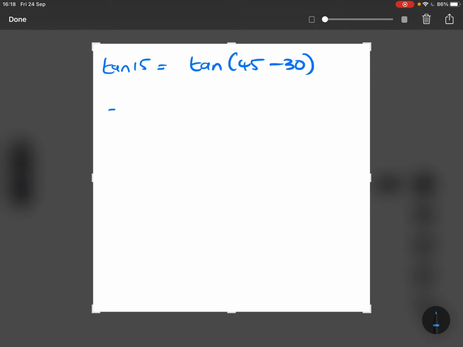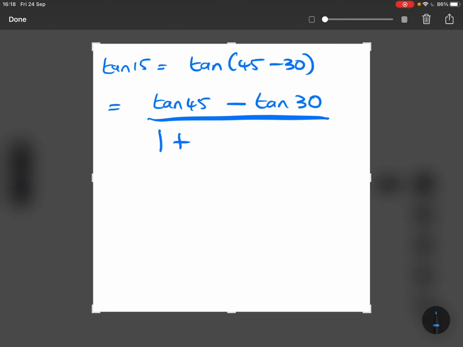So now I'm going to use the tan addition formula, and I can write this as being tan 45 minus tan 30, all divided by 1 plus tan 45 tan 30.